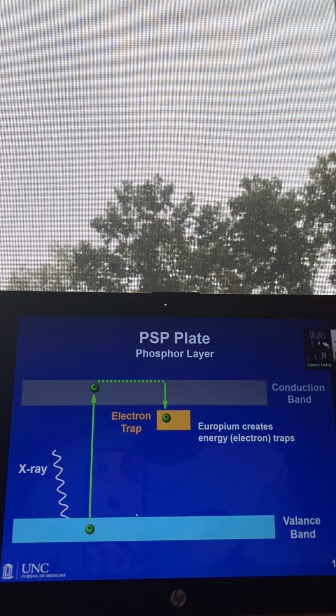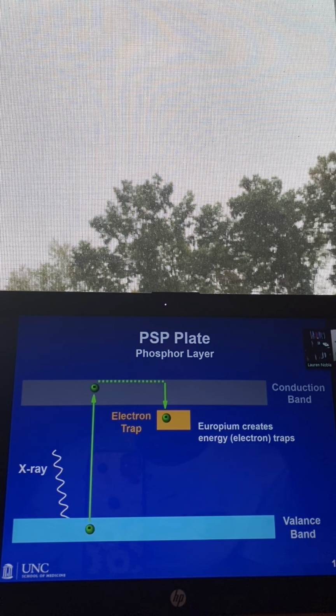So we're not going to go into a chemistry discussion about valence band and conduction bands. But essentially what the conduction band means is it's the elevated energy state in the atom. So it's created when these electrons are knocked out of orbit. They're energized, so they have an energy state.